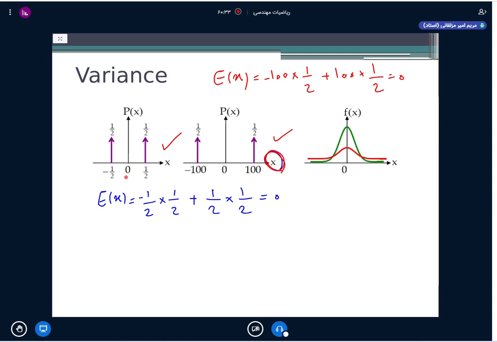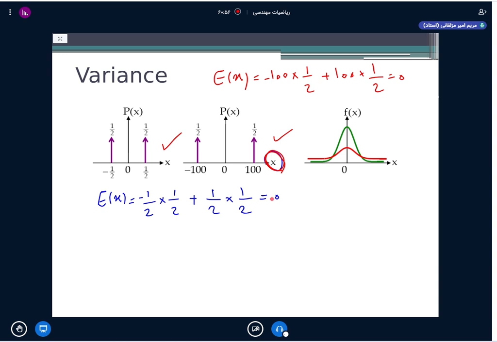But these random variables are very different. This random variable takes the values negative 1/2 and positive 1/2, but this random variable takes the values negative 100 and 100. Okay, these random variables are very different, but their expectations are equal to each other, and it's equal to 0.